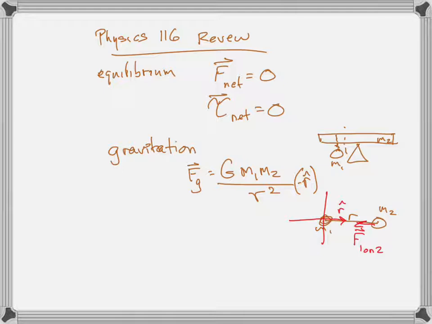We discussed, when we talked about gravitation, also the potential energy due to gravity, the potential energy due to the gravitational force between two masses. So the potential energy of two masses in the vicinity of each other is G m1 m2 over r.